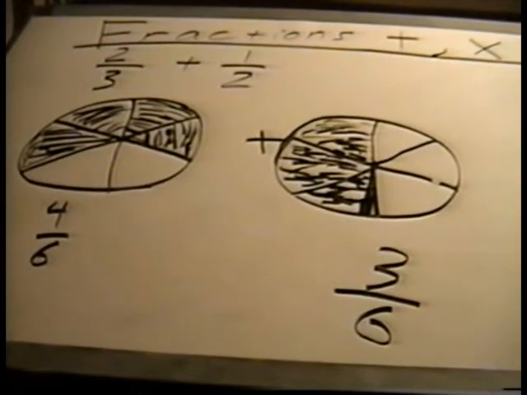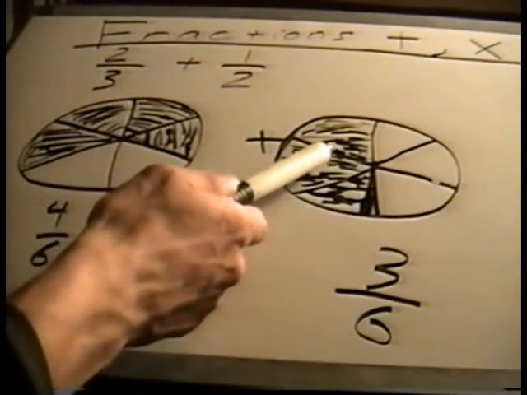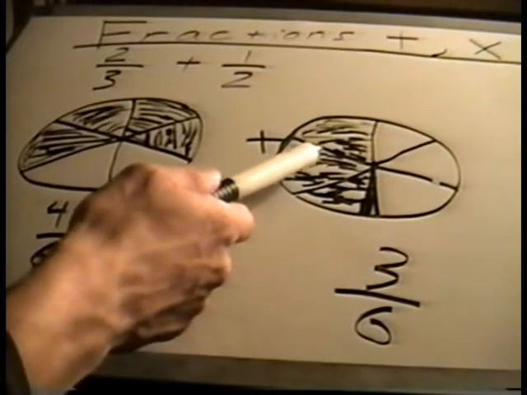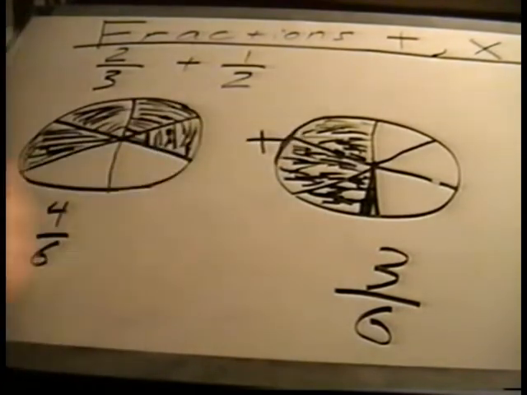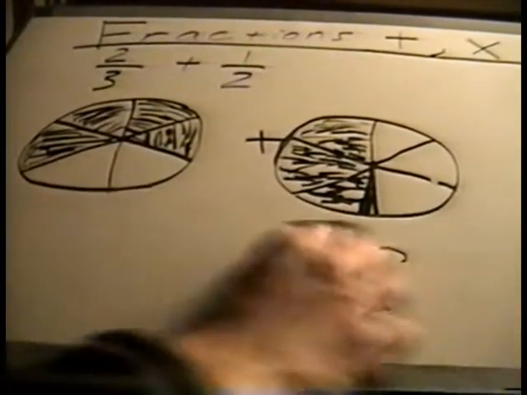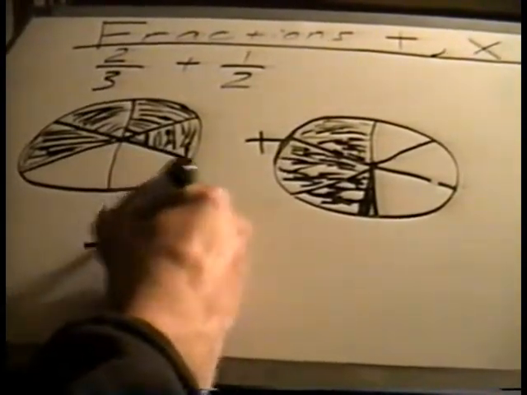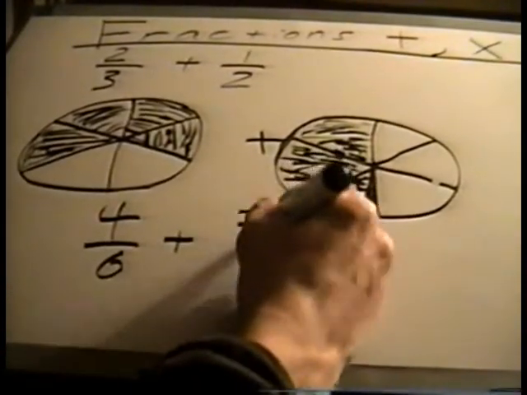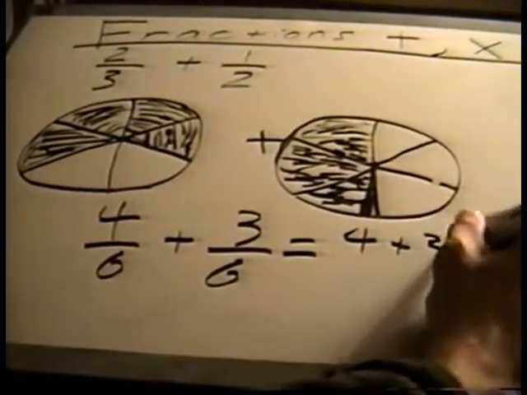So what we have to do is bring this into like terms. 2/3 multiplied by 1 equals 2/3. Remember that if I multiply a number by 1, we do not change the number.